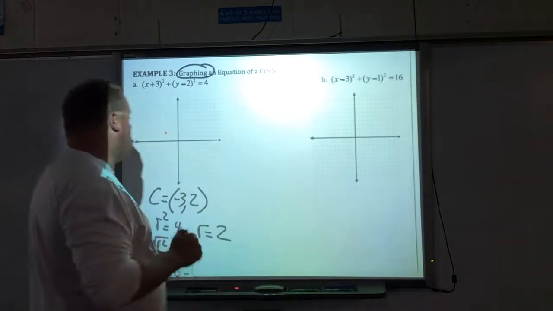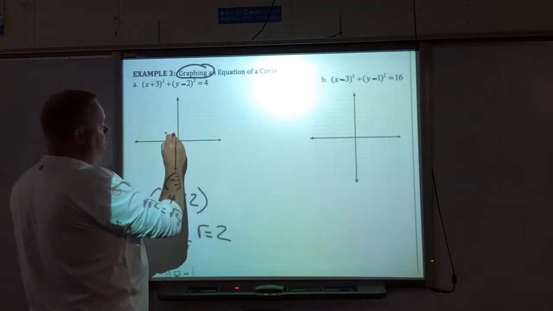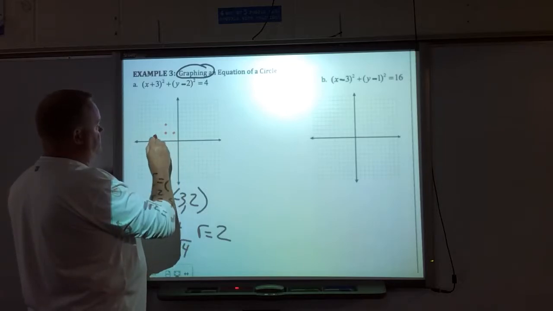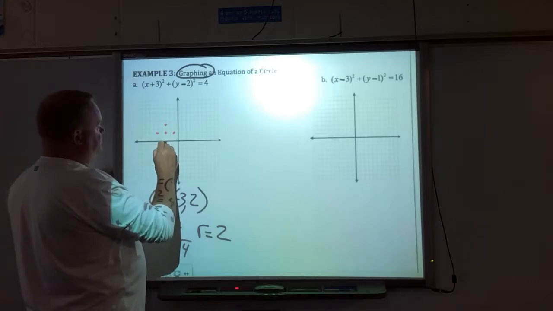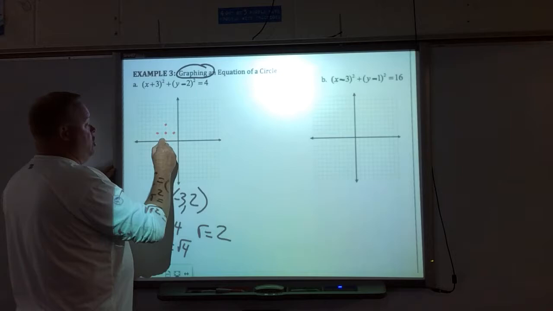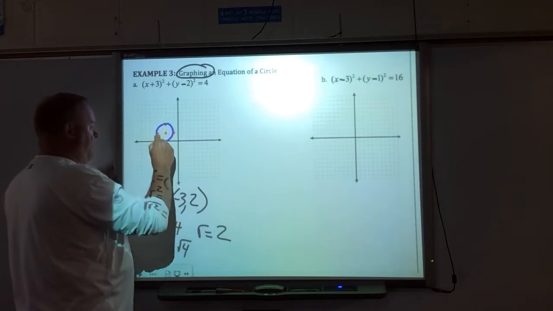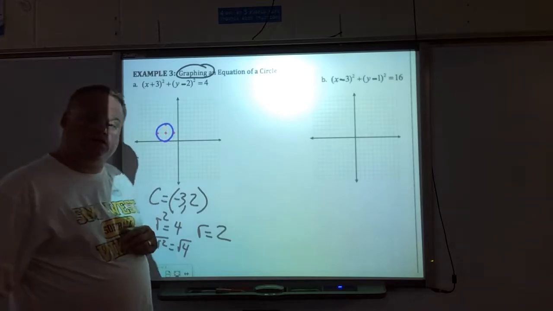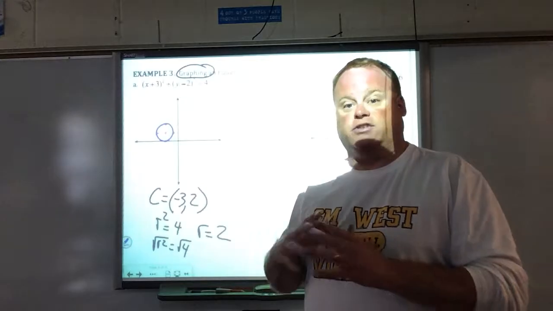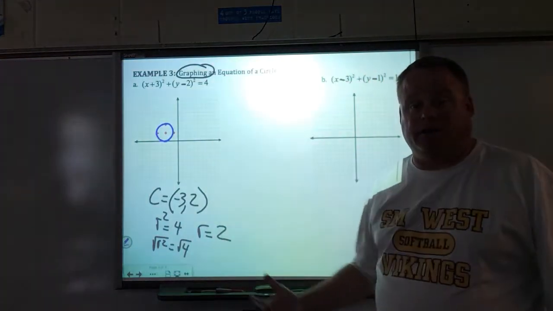So I find the distance of 2 in each direction, and if I draw nice and neat around, going through those points, I just created my circle. So remember, if I have the center and the radius, I can draw a circle on a graph nice and easy. All we really need is the equation.